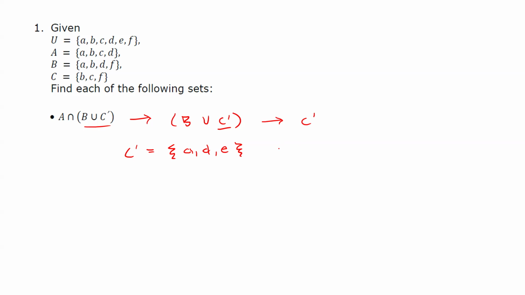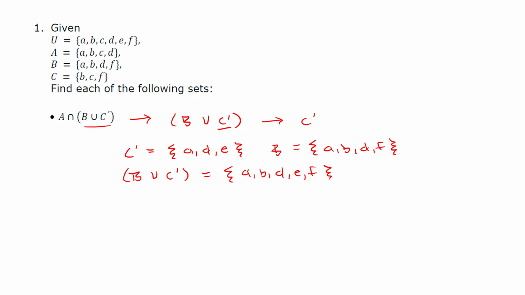Now we can take this with set B, which is A, B, D, and F and find the union between both of these sets, which would be the elements A, B, D, E, and F. Okay.